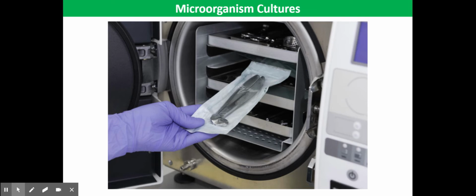The high temperature is achieved by boiling water under high pressure inside the autoclave. This kills all living organisms, including any bacteria or fungal spores. When the media has cooled sufficiently to handle, it's poured into sterile Petri dishes and left to set. It's important that the lid is kept on the Petri dish to prevent infection.